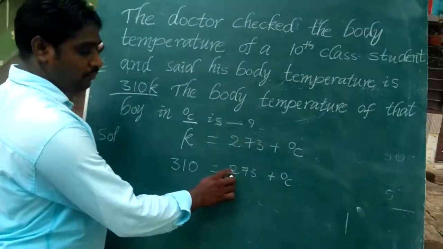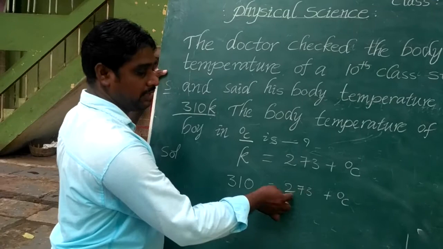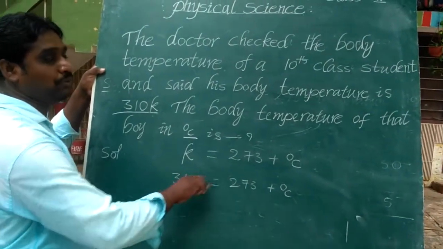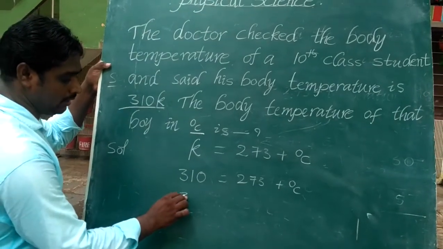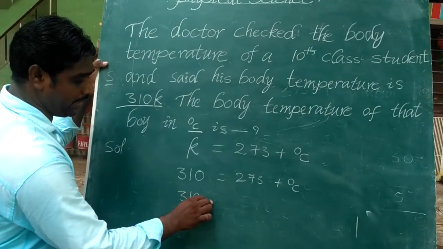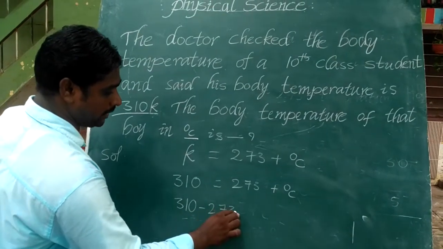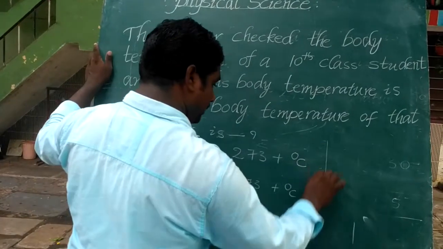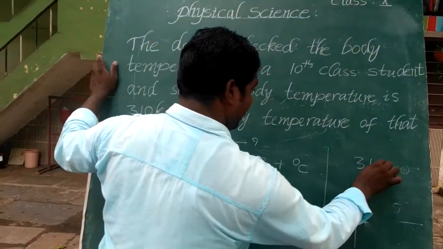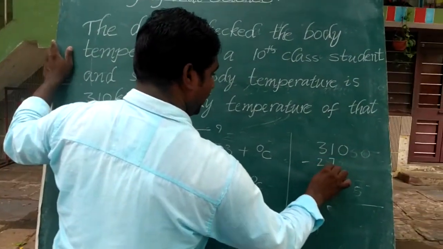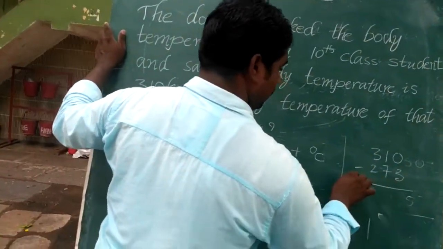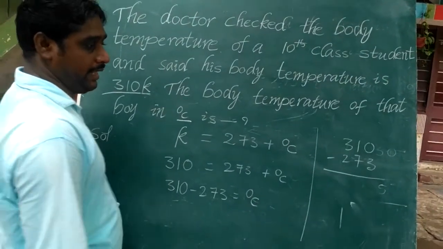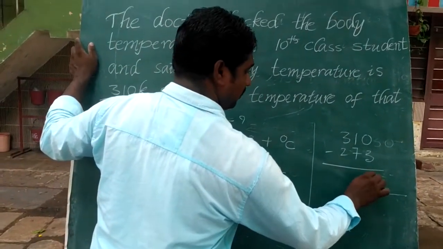Okay, the value 273 will come to the left hand side and become negative 273. 310 minus 273 is equal to degrees Celsius. Now we subtract the value of 273 from 310.